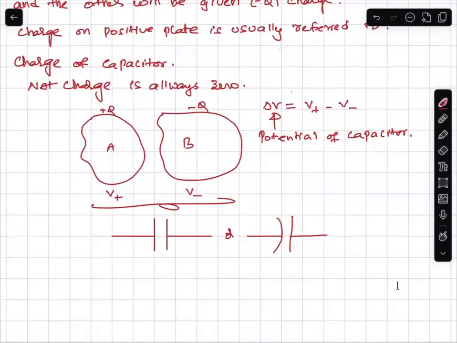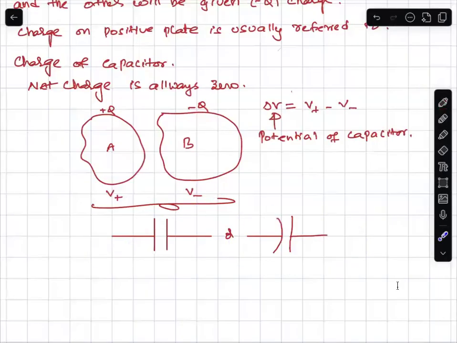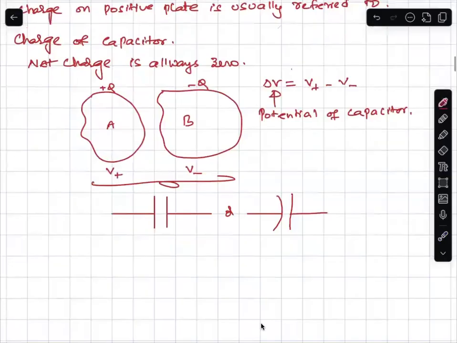But throughout the chapter, I am not going to use the second arrangement. I will use the first arrangement. But one thing is very clear: whenever you give charge to a capacitor, the potential difference between the conductors will increase.